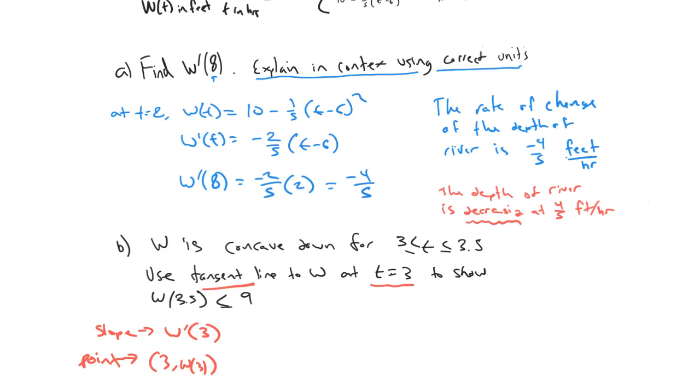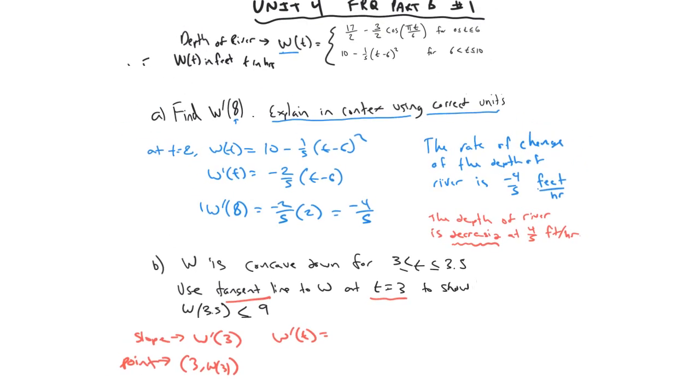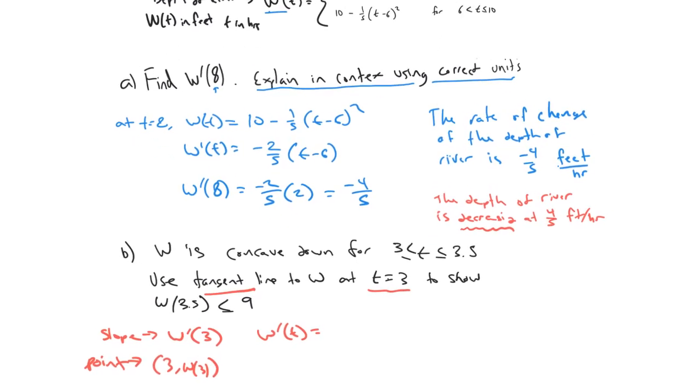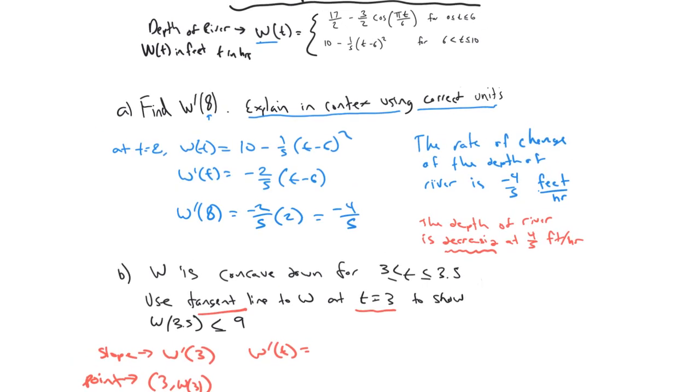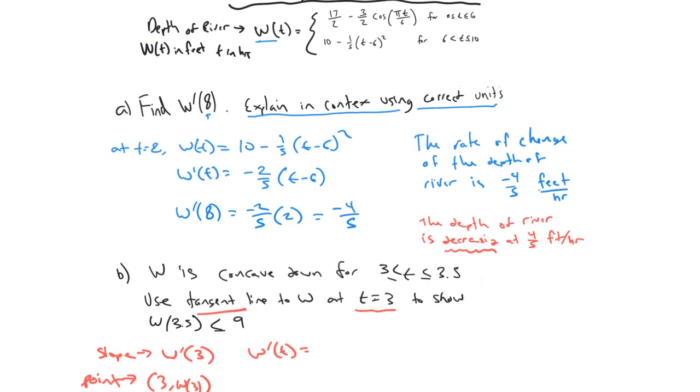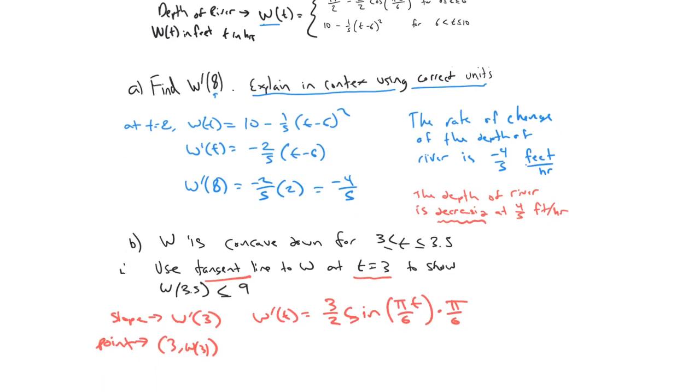So w prime of 3 would come from the derivative of the top piece of the function, which is 17/2 minus 3/2 cosine of pi t over 6. The derivative of cosine is negative sine, so it's going to be positive 3/2 sine of pi t over 6. Chain rule says I then need to multiply by the derivative of the inside, pi over 6.